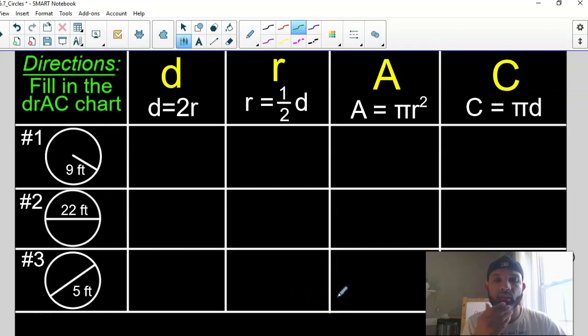Now is where you would pause the video. Make sure you're using the Desmos calculator. I want you to solve these, and then I'll come back on and you'll check your work. Have at it, and I will be back in just a moment.